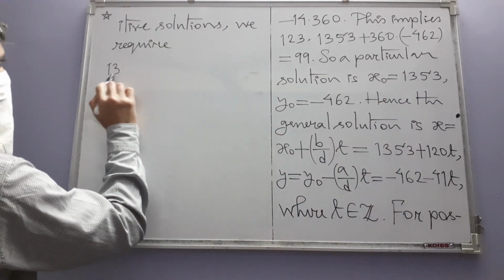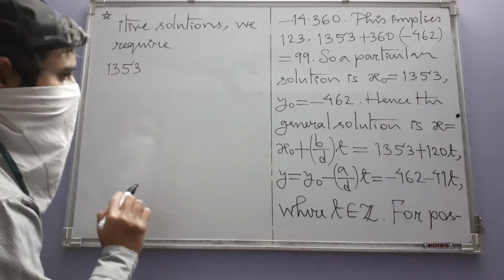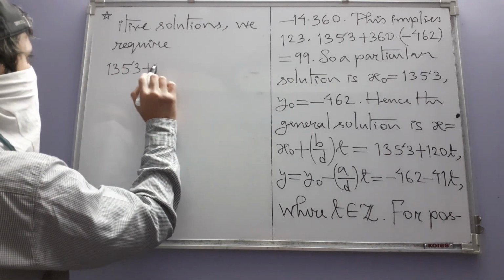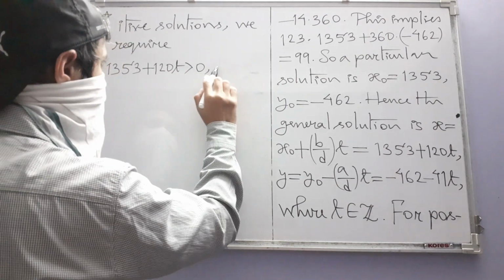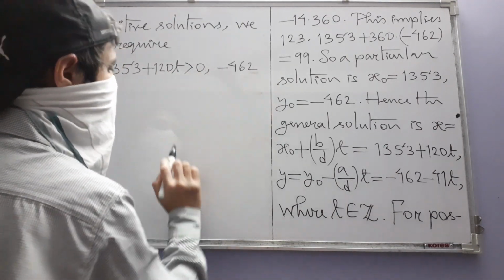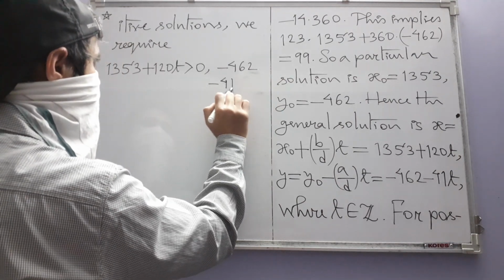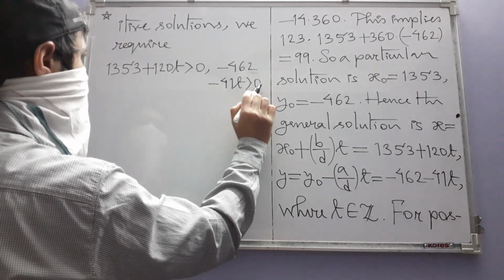So 1353 plus 120t should be positive, and minus 462 minus 41t should also be positive.